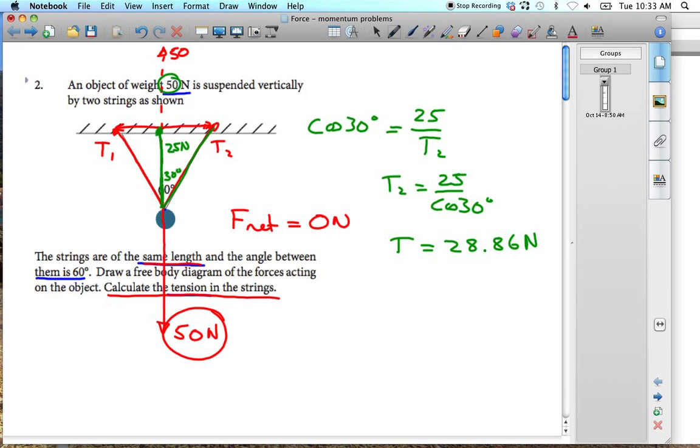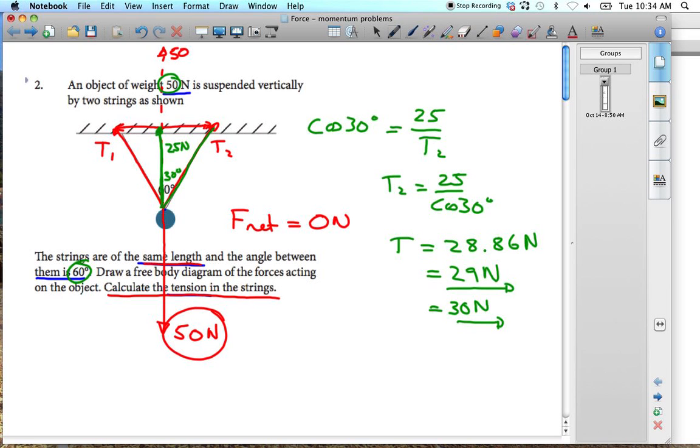It's down to two significant figures, so that would be 29 newtons as your tension. Alright, good. Actually, we could even make this 30 newtons because perhaps this is 60 and this is 50. Maybe it's to the nearest significant figure. So either one of these, 29 or 30, would be fine.